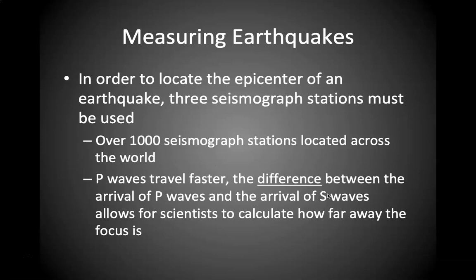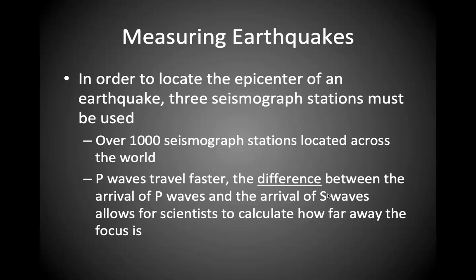In order to locate the epicenter of an earthquake, we need 3 seismograph stations. Scientists have set up over 1,000 different seismograph stations across the world, and we use these stations in order to measure the energy sent out by certain waves.